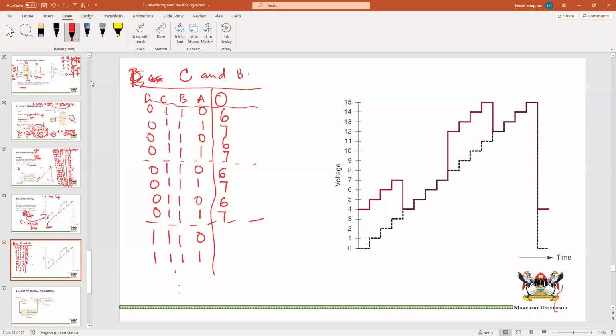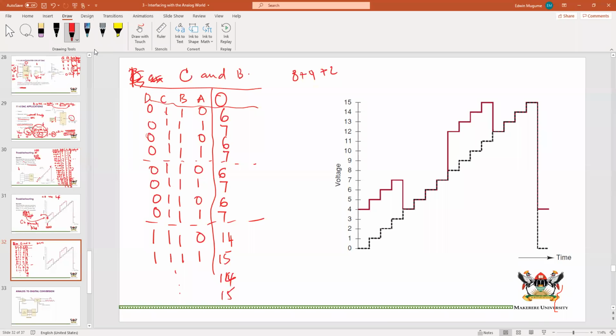Then here we go to 8 plus 4 plus 2. So 8 plus 4 plus 2 is 14, 15. It means that the next one will be 14, 15, and so on.